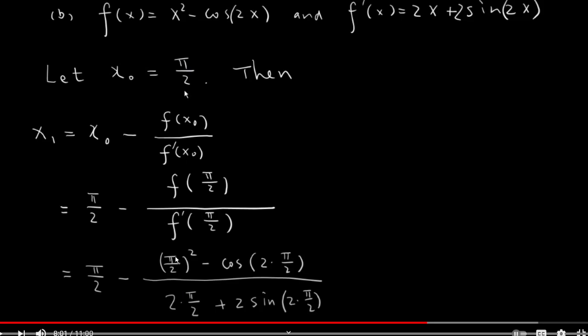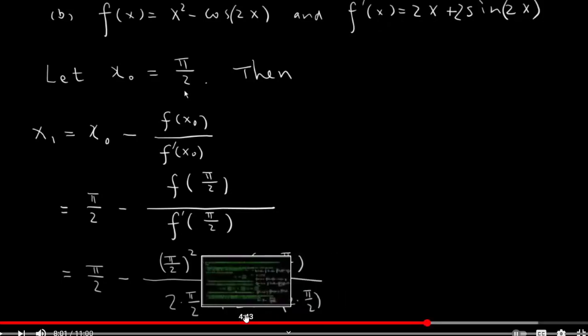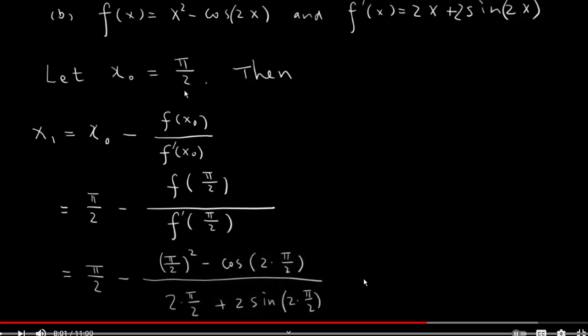You have x squared minus cos of 2x. The x value is half pi. And then in the denominator, you just plug half pi into the derivative of the function. Okay. And using your calculator, you can get a decimal value. Again, if you do not want to use the store function, try to keep as many decimal places as possible.